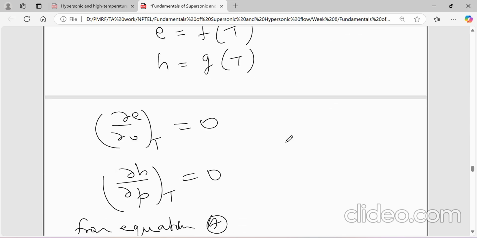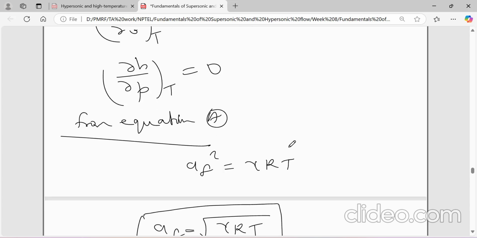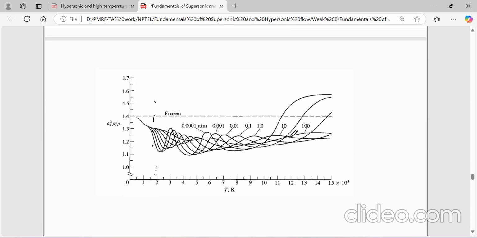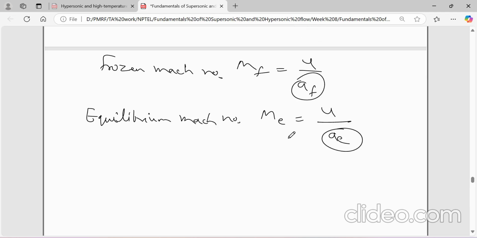And that curve fit is given by tan L. And okay. So we have derived the speed of sound for chemically reacting gas, for both equilibrium flow and frozen flow. Today we will see one more thing.